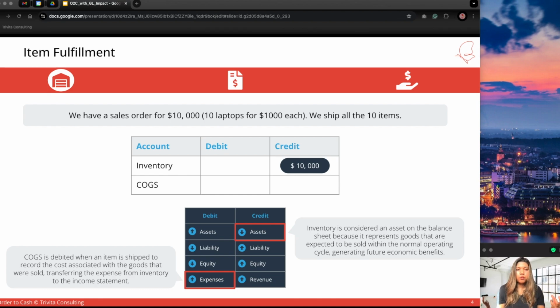COGS, cost of goods sold, tracks the cost associated with fulfilling the item, and thus an increase in COGS would result in a debit. Now, this item fulfillment step ensures that both our inventory and cost accounts are accurately updated to reflect the goods shipped to our customer.